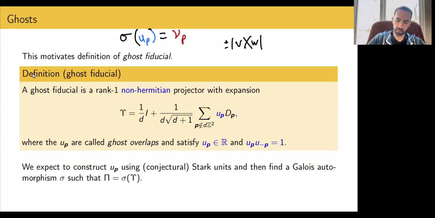So this is some Galois automorphism. And if I just apply that, I should get back over to SIC world starting from ghost world. Okay? So what we would like to do is define these ghosts, study them, see if we can prove that they exist. And then if they do, hopefully we can conjugate them and land safely in SIC world. Okay? That's the intuition.